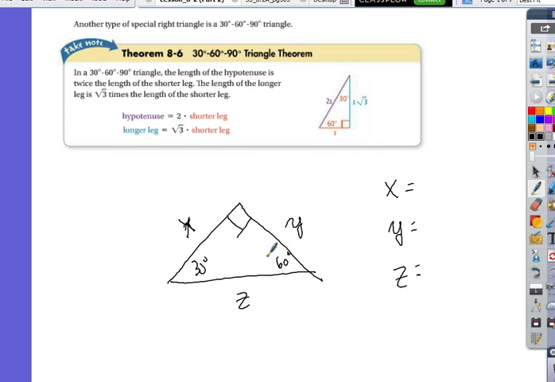All right, what's X? Which side is X? Longer leg. It's the LL. What's Y? SL. And what's Z? Hype. Everybody okay with doing that?